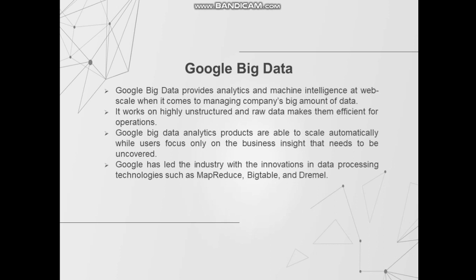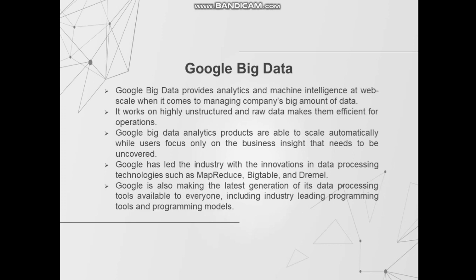Google has led the industry with innovation in data processing technologies such as MapReduce, Bigtable, and GraphML. Google is also making the latest generation of its data processing tools available to everyone, including industry-leading programming tools and programming models.